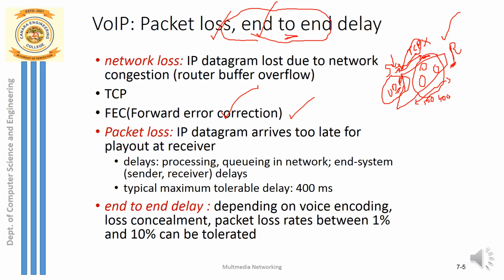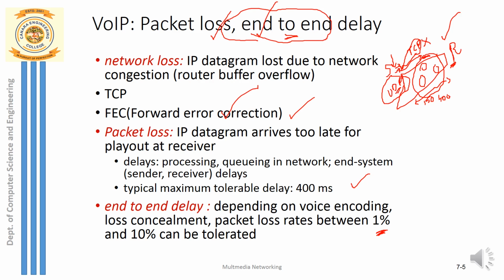This is also acceptable, the receiver can tolerate such delays. But if the delay goes beyond 400 milliseconds, definitely the receiver will experience a lot of disturbance, like what we have already discussed.